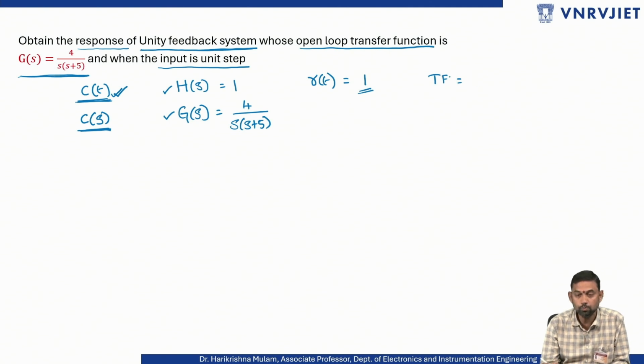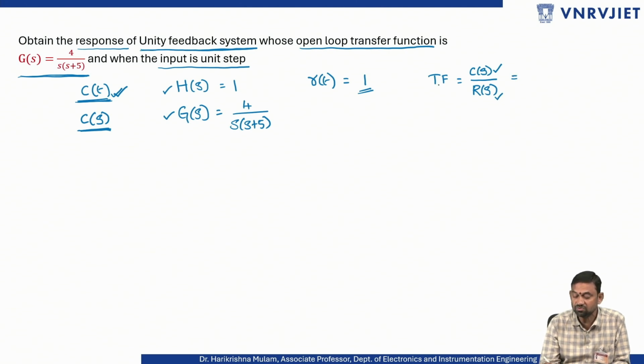Whether it is closed loop or open loop, whatever the type of system, the transfer function is represented as the Laplace transform of output to the Laplace transform of input. So the transfer function TF is equal to C(s), the Laplace transform of output, divided by R(s), the Laplace transform of input. So we need to find C(s), and we need R(s).